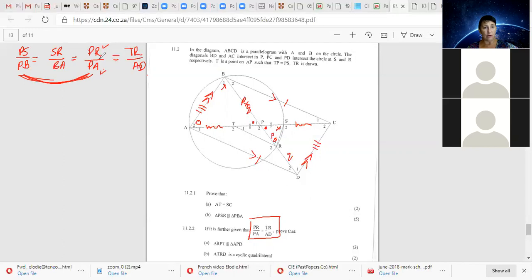Yeah, so if we looked at the three of those, PS, PR, and TR. PS is the same as that, right? So instead of PS, we could actually write PT over PB equals that.